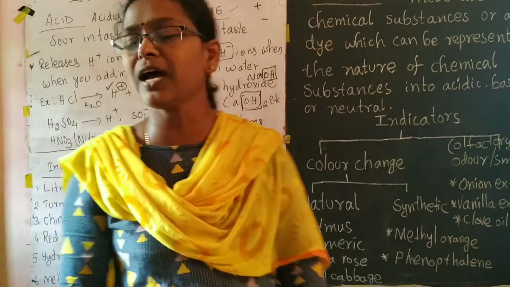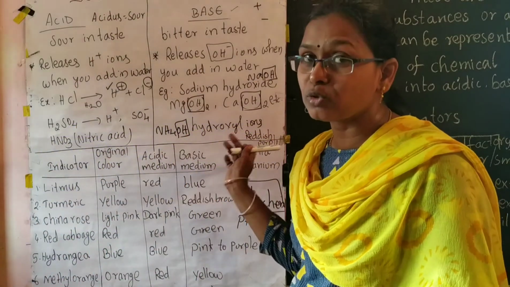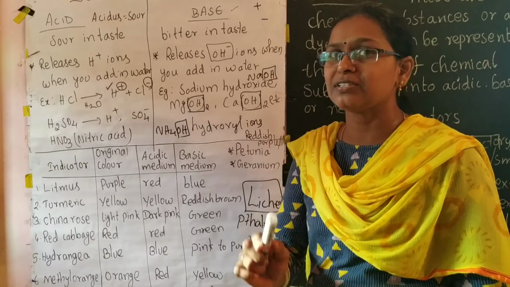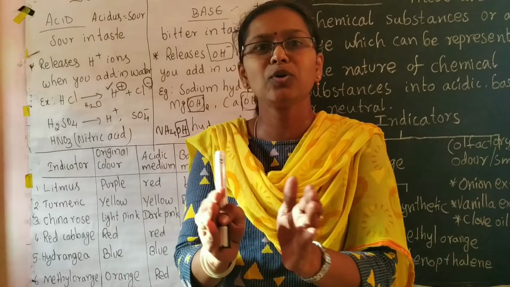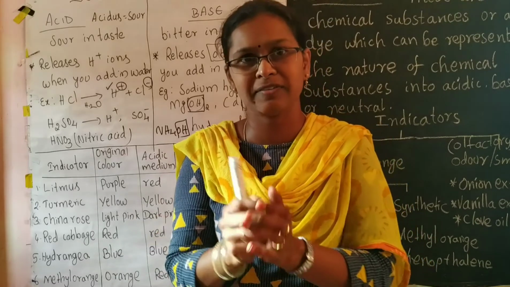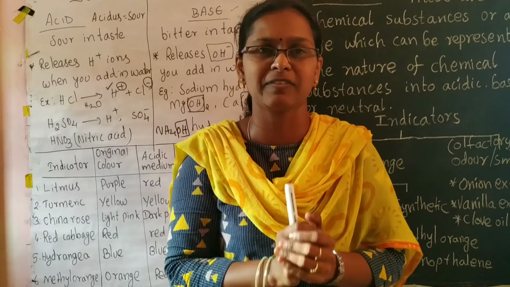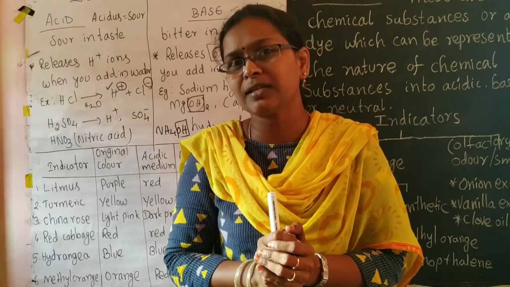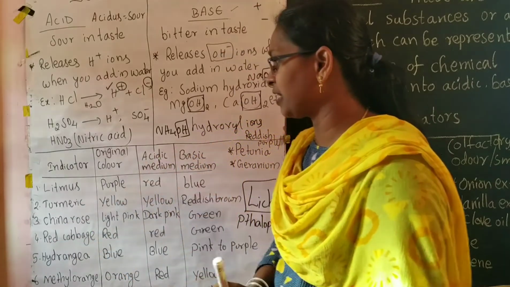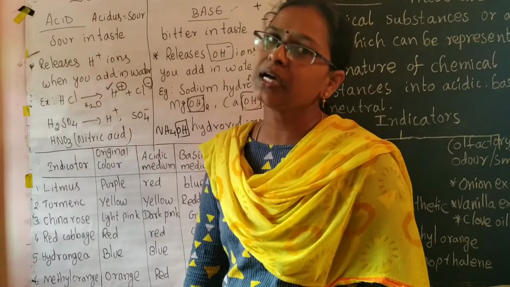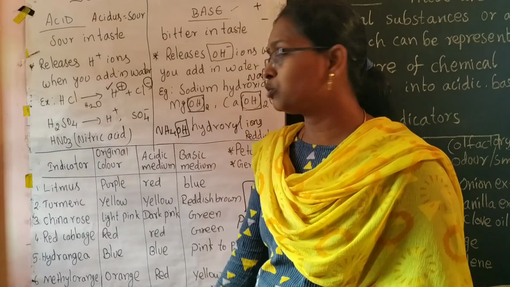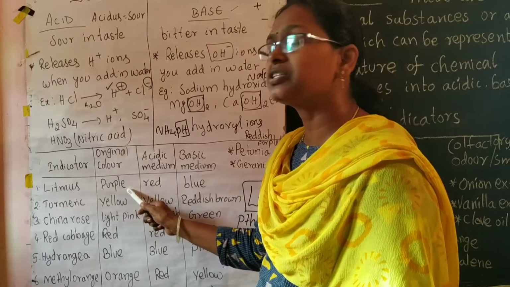So how do we find out using those indicators? For example, if they give you two test tubes with liquid substances and you don't know what type of substance it is, how can you find out? By using the litmus reagent. Litmus reagent we can get in the form of solution or paper. Usually the original color of litmus is purple.